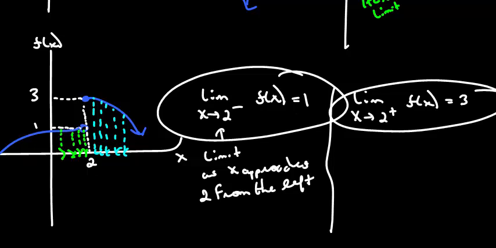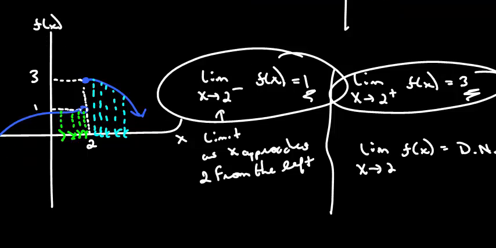They don't have to be equal to each other for them to exist. Now for the overall limit as x approaches 2 to exist, and this is what's important, these two have to be the same. So the limit as x approaches 2 of f of x does not exist because this number right here and this number right here are not the same. But if they are, then you have your overall limit existing.